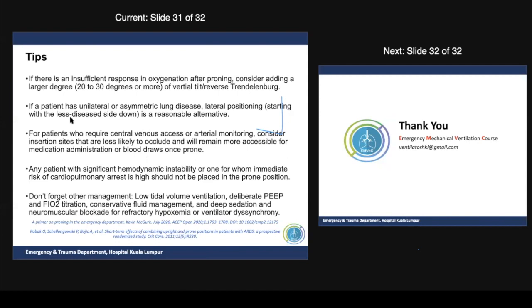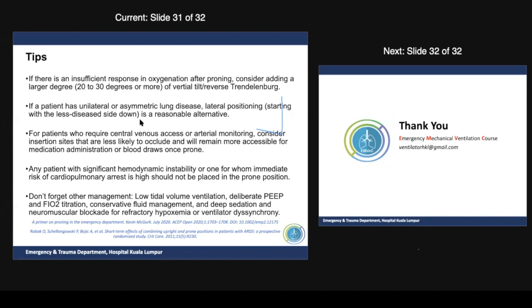Number 2, most of our COVID patients have bilateral lung disease. But if one side of the lung is worse, we still use the concept: good lung up or good lung down? Good lung down, because perfusion is better down there.